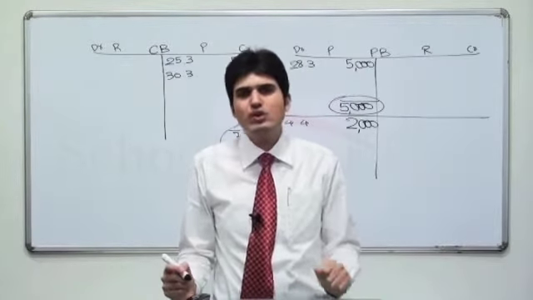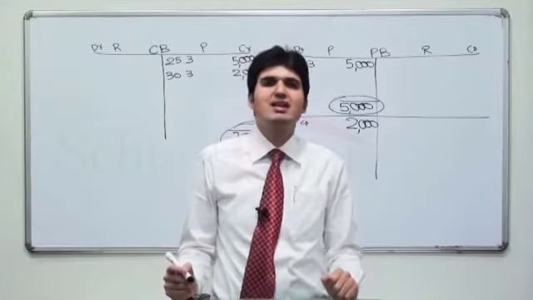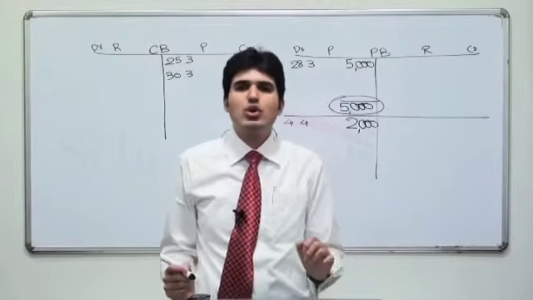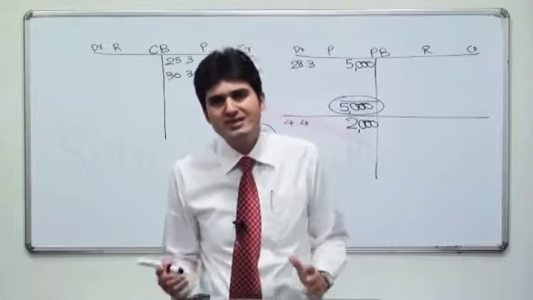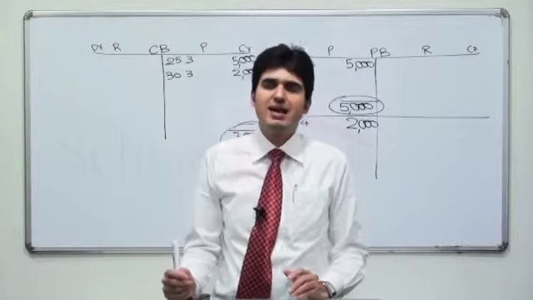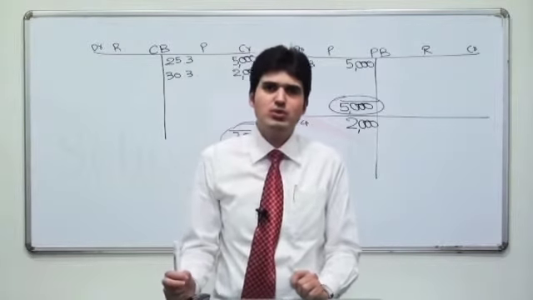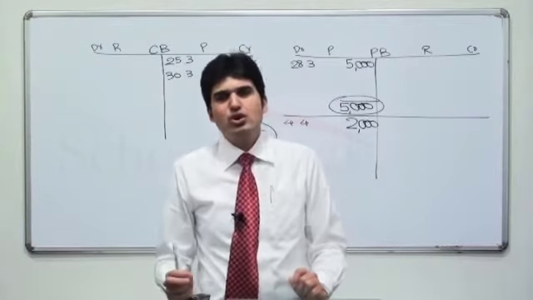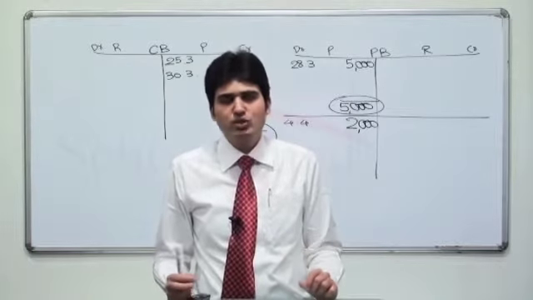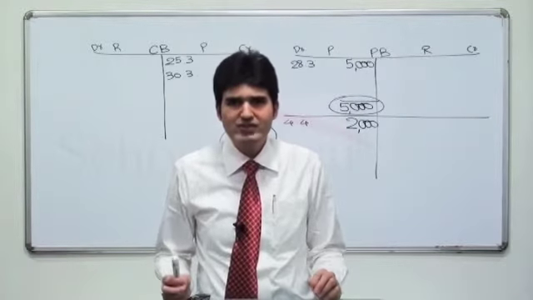So here we are basically going to study what are the causes, or what are the actual reasons, which lead to a difference in bank balance as per cash book and bank balance as per passbook, right? So let us start by having a proper look at the reasons.